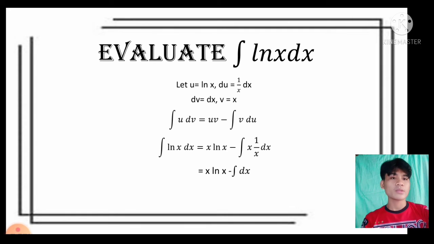If we simplify, we come up with x ln x minus the integral of dx, since x multiplied by 1 over x is x divided by x, which is 1. That will be equal to x ln x minus x plus c. So if we evaluate the integral of ln x dx through integration by parts, we come up with x ln x minus x plus c.